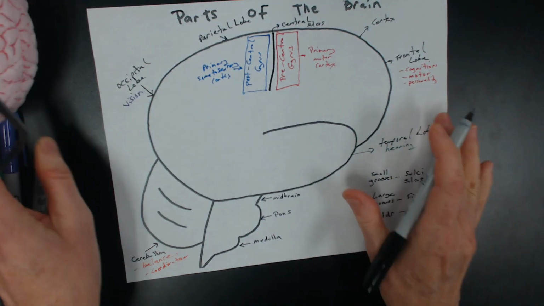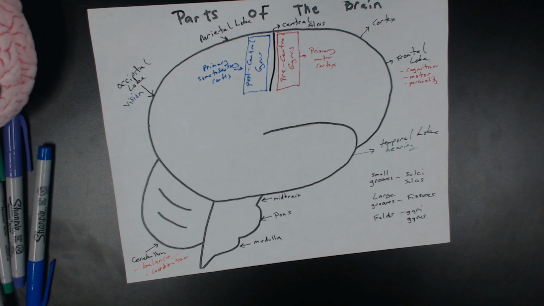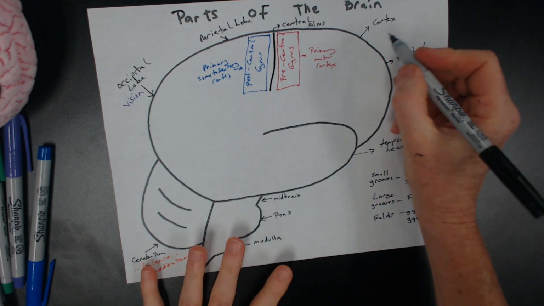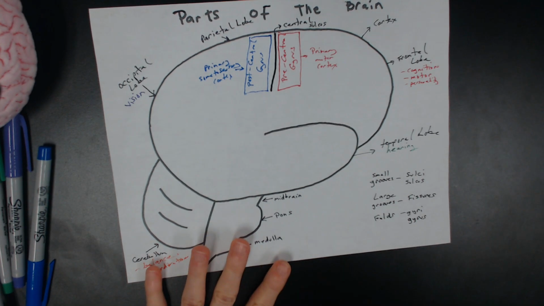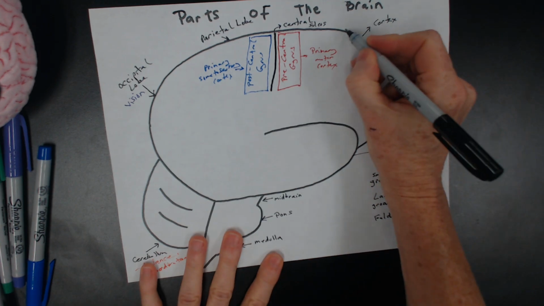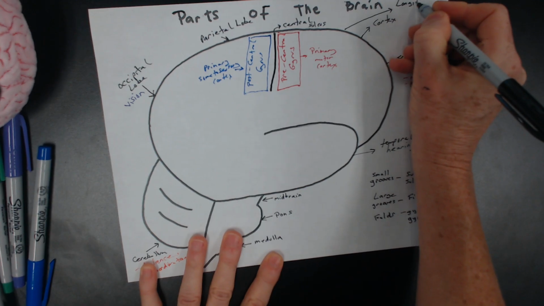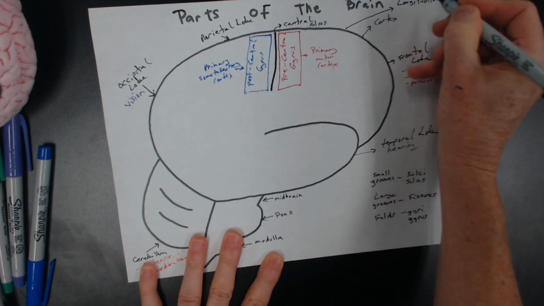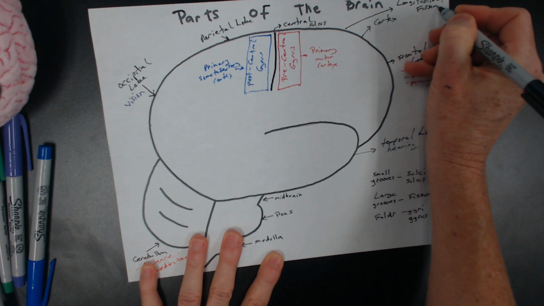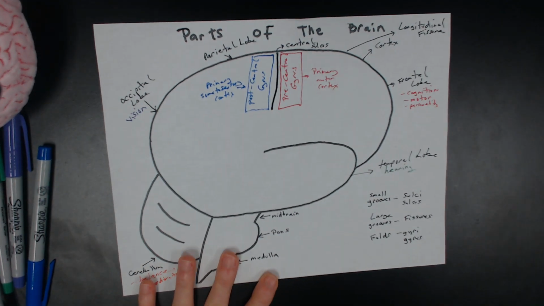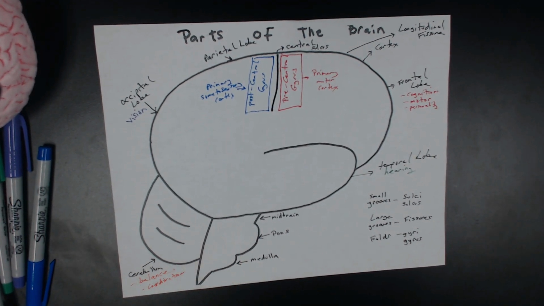Okay, that large fissure that separates the left and right halves of the brain is known as the longitudinal fissure. You're going to see it better on the next drawing, but I'll just label it in here as well. Okay, it's called your longitudinal fissure. Like I said, we'll see it again in a minute, a little bit clearer.